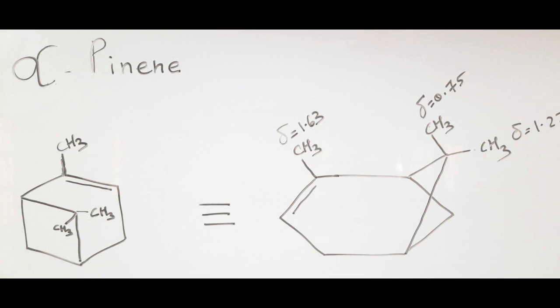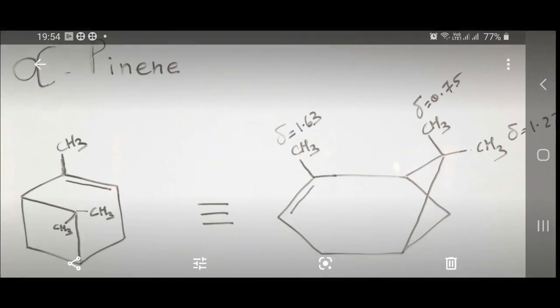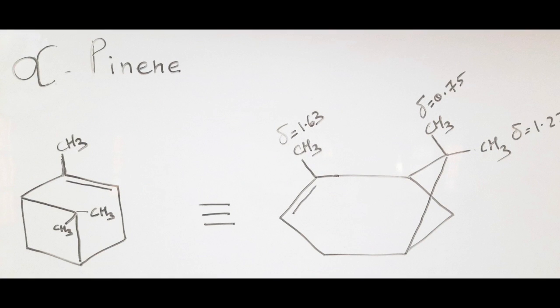But the two methyl groups show different chemical shift values. For one methyl group, the chemical shift value is 0.75 parts per million. I have written it and indicated it. For another methyl group, the chemical shift value is, say, 1.27. The delta value is 1.27.